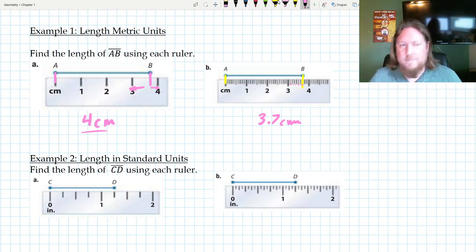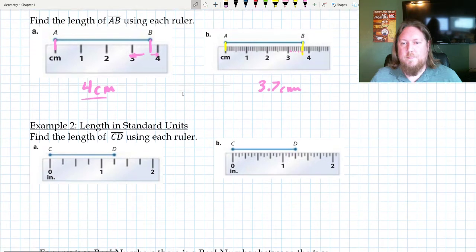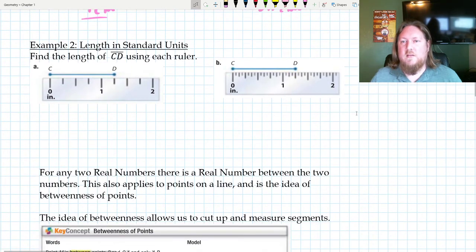All right. Example 2. Lengths in standard units, and this is inches. And inches are a little bit more complex. Let's start out here. I've got inches. You can see C is lined up with 0 inches, and D is lined up with this other marking.